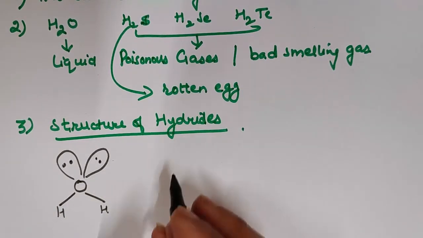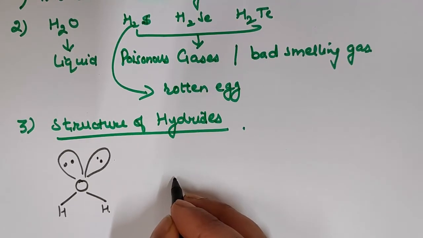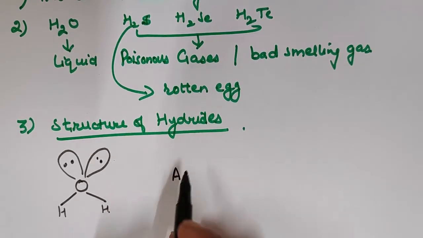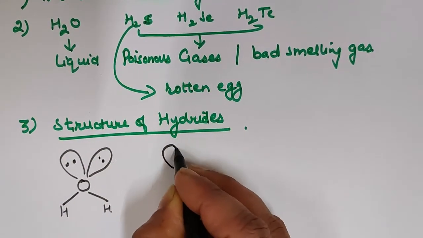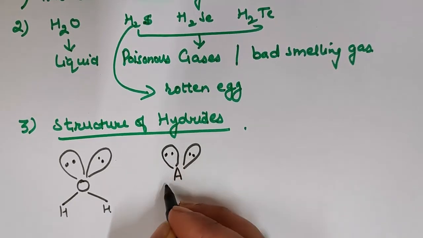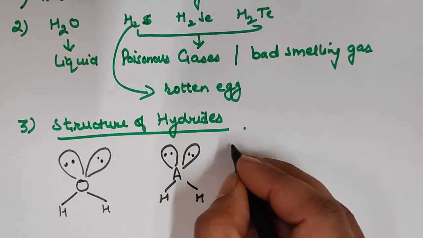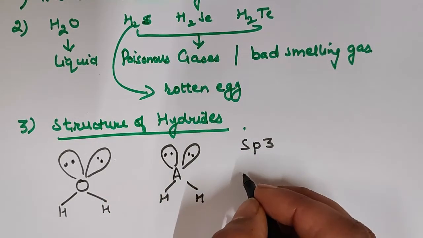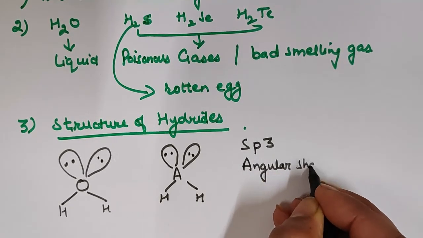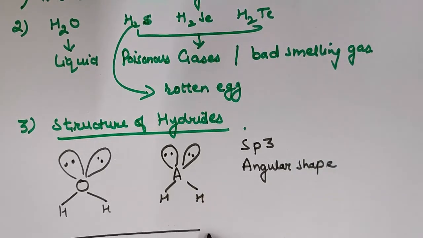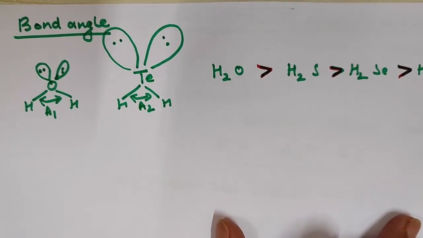In all these, in general, if I write the central atom as A, A stands for oxygen, sulfur, selenium, tellurium. The structure will be in this way. The hybridization is sp3 hybridization. Shape is angular or bent shape for all these hydrides.